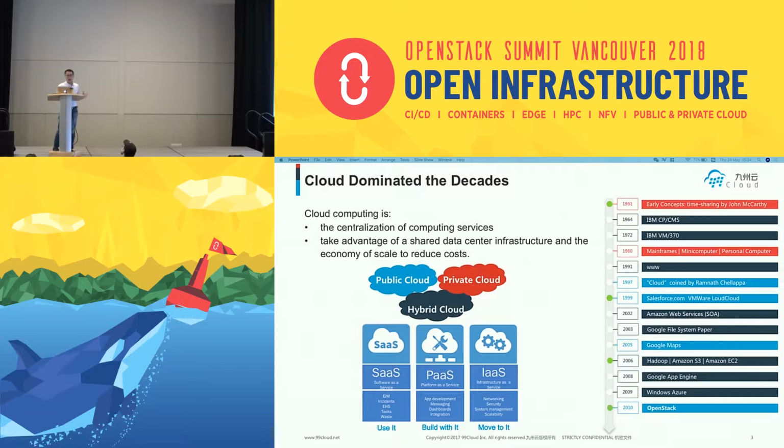Even though right now we have centralization of all the computer services in the data center, in the future, with the emerging requirements of AI, 5G, and smart city, we believe cloud computing will evolve to edge computing. So, do we have edge computing use cases when the cloud still dominates?